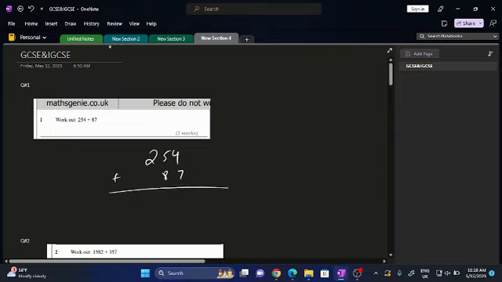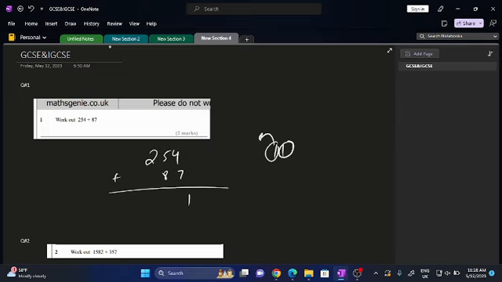Add the relevant terms. 7 plus 4 is 11. I know that 11 cannot be written here, so I just write down this 1 over here, and the remaining one is carried over to the second term, that is over this 5. 5 plus 8 is 13. 13 plus the 1 of the carry would be 14.